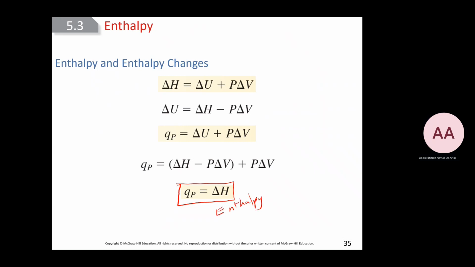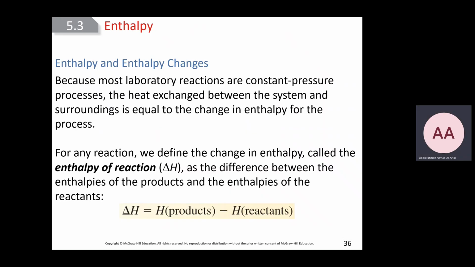Enthalpy. Good. Now, enthalpy, delta H, is always equal to H of products minus H of reactants. As we said, enthalpy is potential energy, and this is the energy here. We're going to have the reactant at higher energy in this case, and product here.